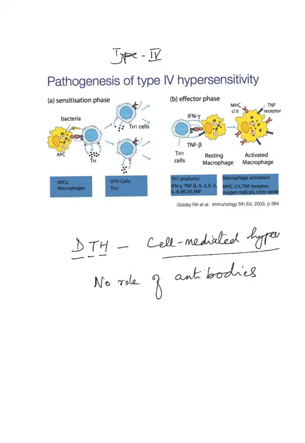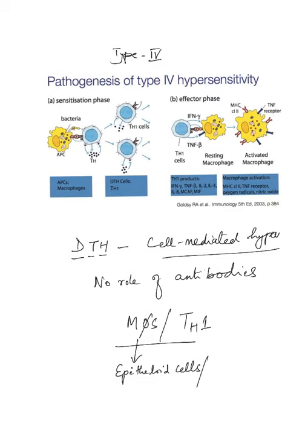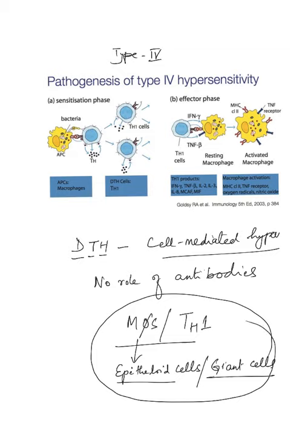And cells would be usually macrophages and T helper cells, T helper 1 usually, right? Macrophages can also result in epithelioid cells, giant cells, fused macrophages. So these are the cells that participate in this cell mediated type of hypersensitivity.